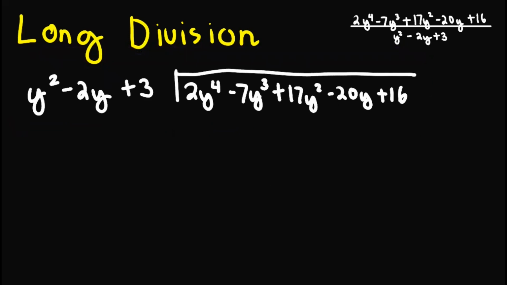And so with this one, let's do a similar process as a while ago. First, we divide this term by this term. That will give us 2y squared. Multiply this one to this one, and that product will be subtracted in here.